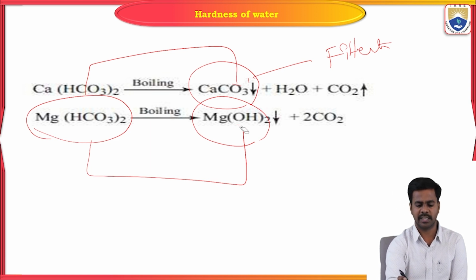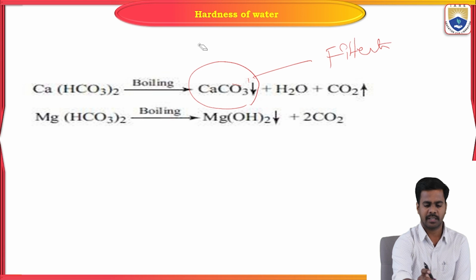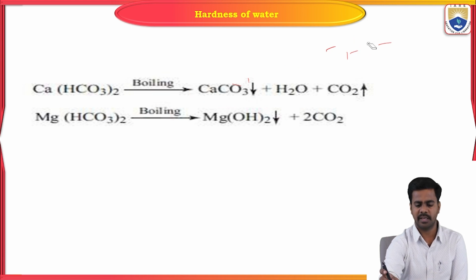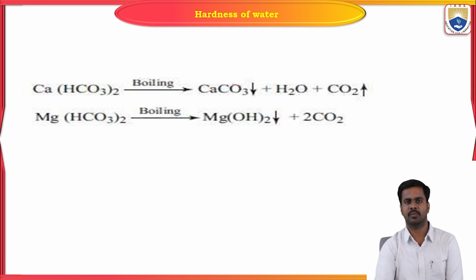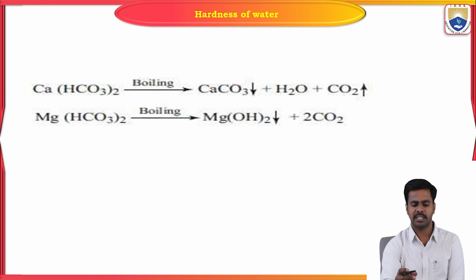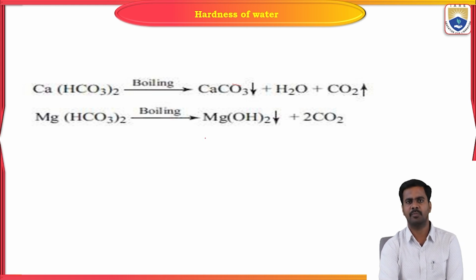That's why we can say that hardness due to the presence of bicarbonates of calcium and magnesium causes temporary hardness. Why? Because this type of hardness we can remove simply by boiling.